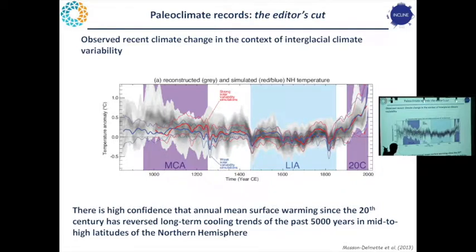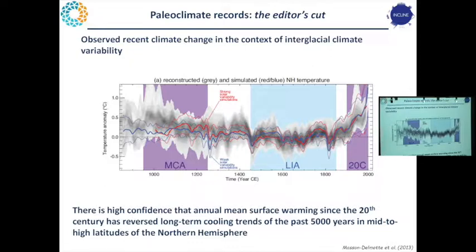But based on geological archives, biological archives, we can go back much further in time. And this is the situation we see. So present-day levels are much higher than what we have seen in the last 1,200 years.